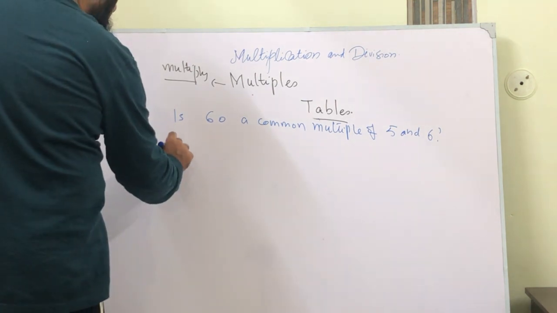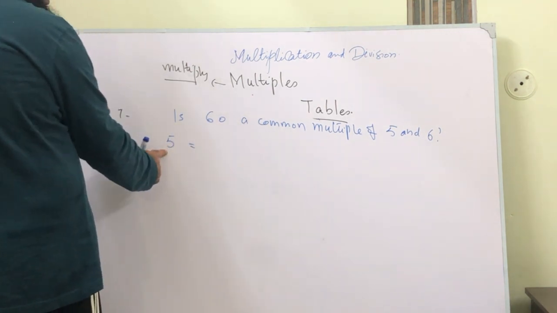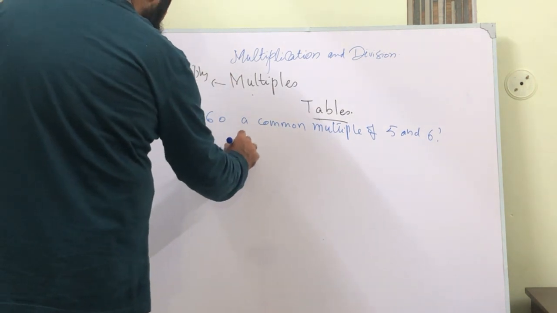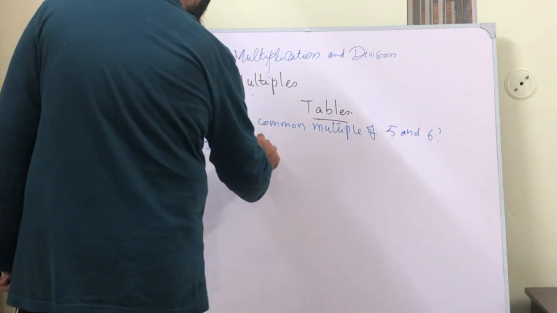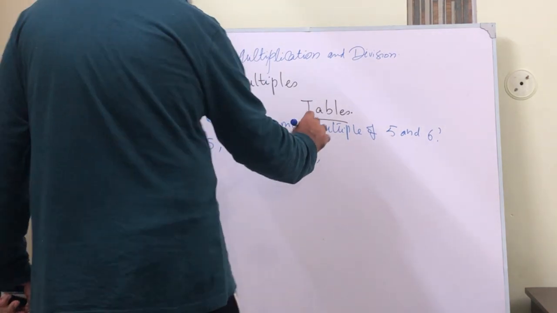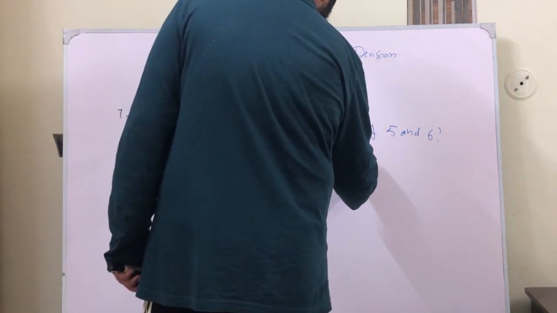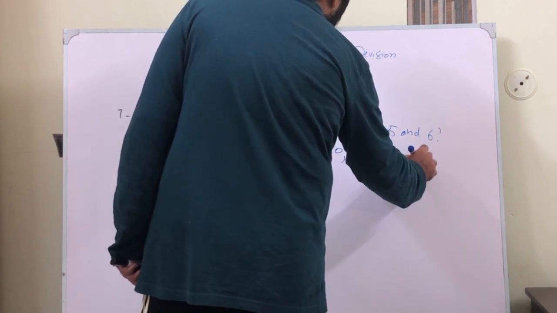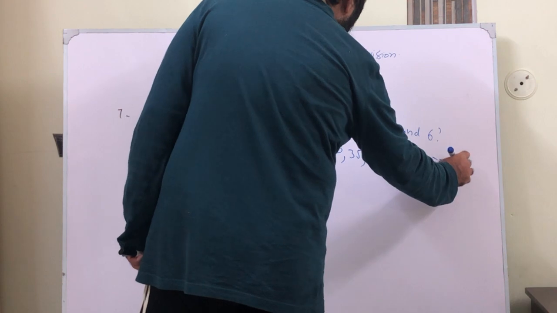When we talk about multiples of 5, we just write the table for 5: 5, 10, 15, 20, 25, 30, 35, 40, 45, 50, 55, 60.